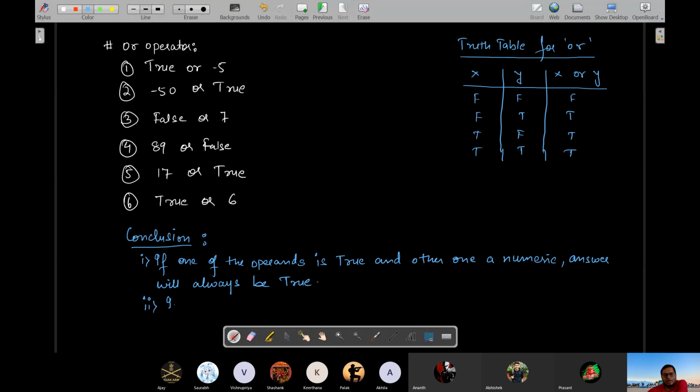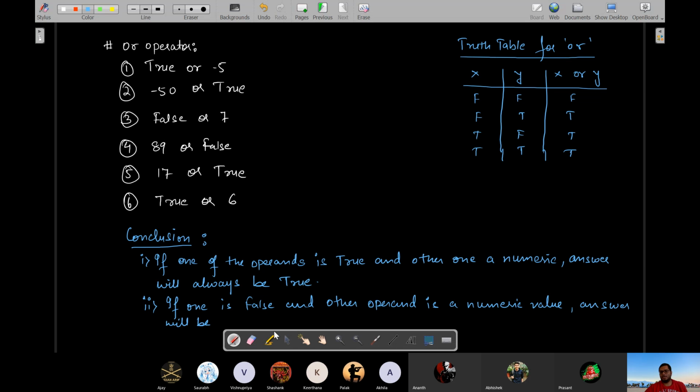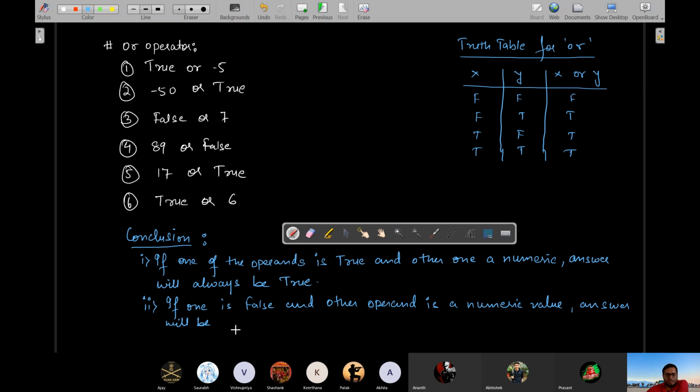Second one, if one is true, one is false, and other operand is a numeric value, answer will be, yes, nobody has written, answer will be second operand.